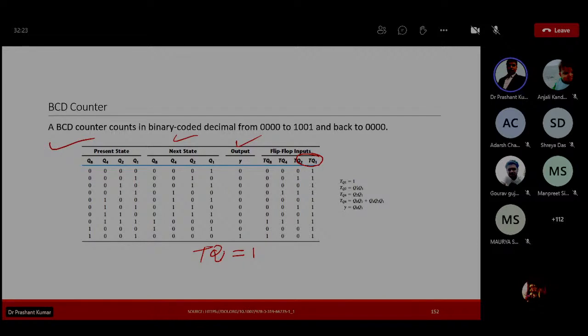With the help of a K-map. Here there are 4 inputs, so a 4x4 map, with Q1, Q2, Q4, and Q8.